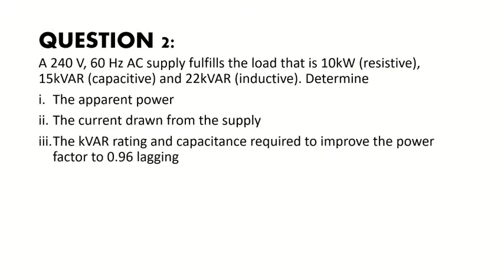From this question, the question gives you a 240 volt, 60 hertz AC supply feeding a load of 10 kilowatt, which is the resistive load, with 15 kilovar, which is capacitive load, and 22 kilovar, which is the inductive load.